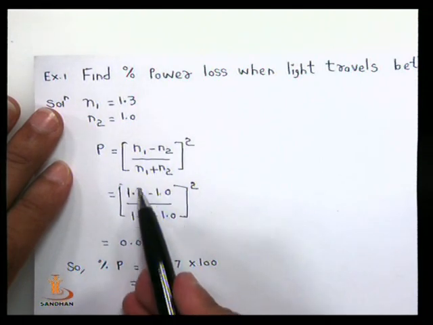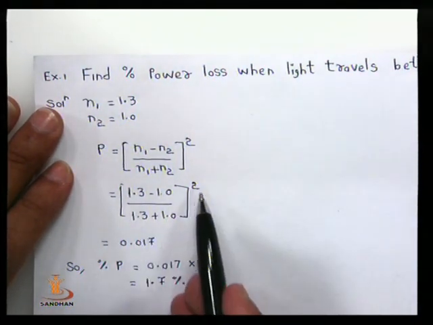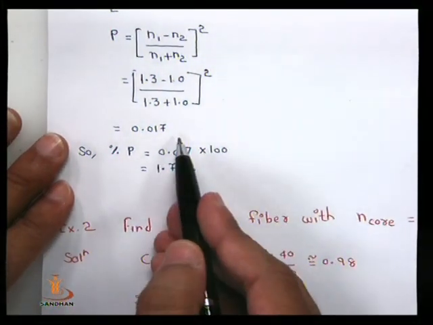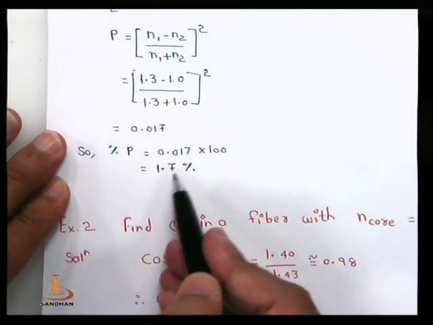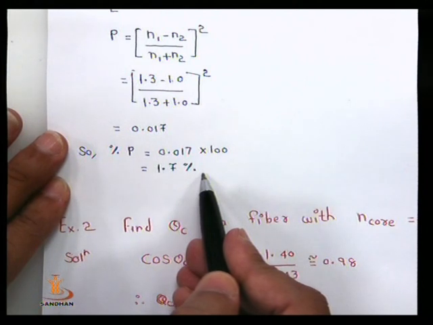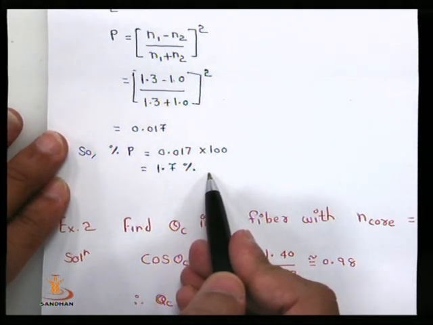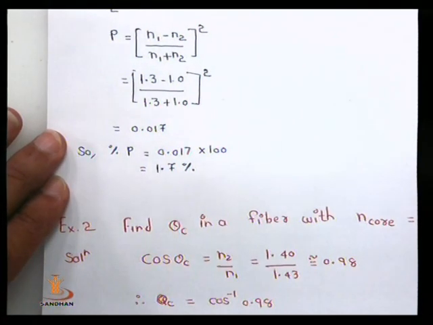So n1 is 1.3, n2 is 1.0, (1.3 minus 1) divided by (1.3 plus 1), whole square. What we are getting is 0.017. If we convert this 0.017 into percent, we will get 1.7%. So the power loss that takes place if one uses refractive index 1 and refractive index 1.3 is 1.7%.